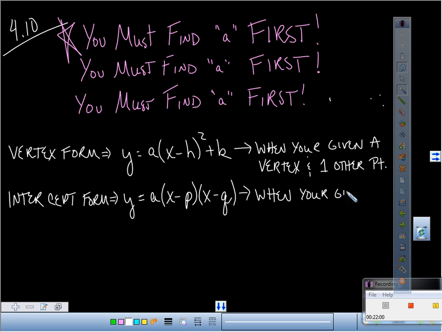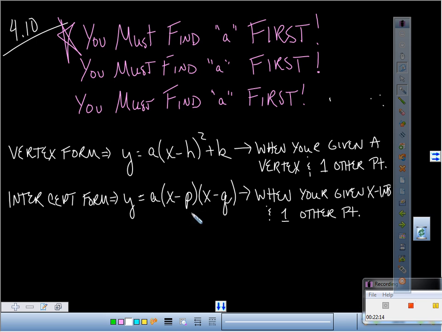When you're given the x-intercepts and one other point. Now there is another way, but we're going to do that tomorrow, and then you can have Wednesday to review it.